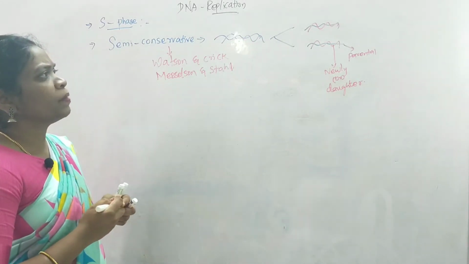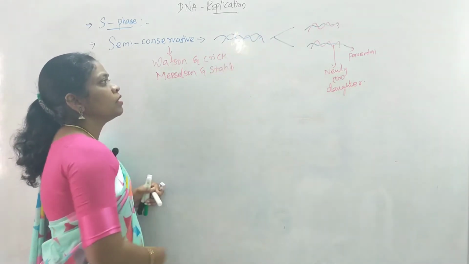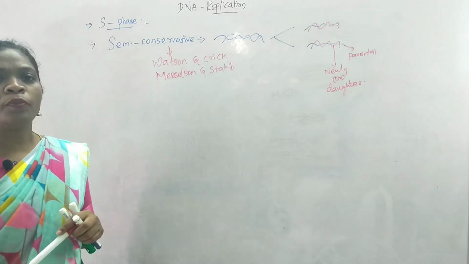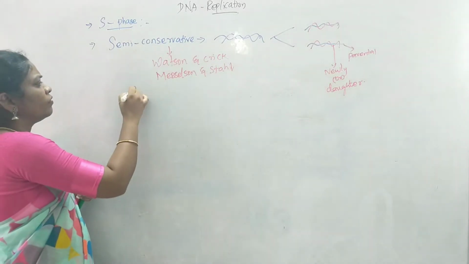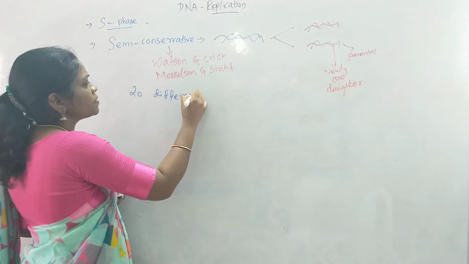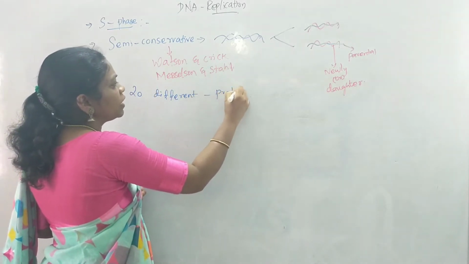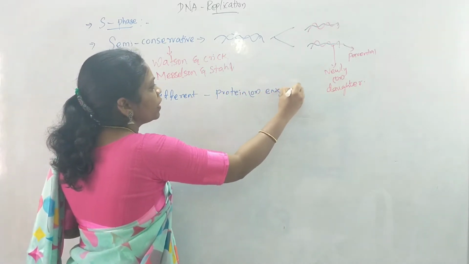So how does DNA replicate? It looks very simple, where the parent DNA divides into daughter strands, but actually the process is very complex, where it uses nearly 20 different types of proteins or enzymes. So 20 different types of proteins or enzymes are used in the process of replication.